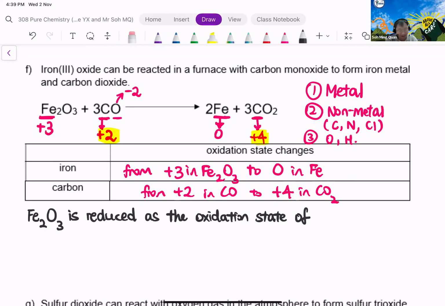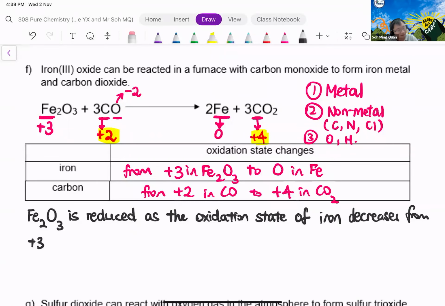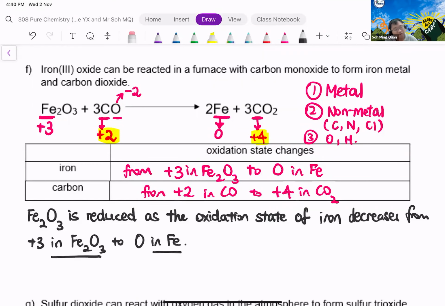iron decreases from +3 in Fe2O3 to 0 in Fe. Remember Fe, this is important, don't leave this out.